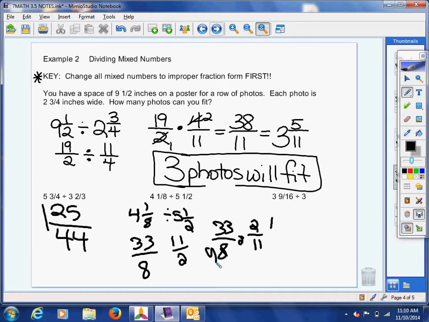Nice. 11 goes into 11. Actually, 33 divided by 11 is just 3. And then 11 divided by 11 is 1. So it looks like you got 3 over 4. Yeah.